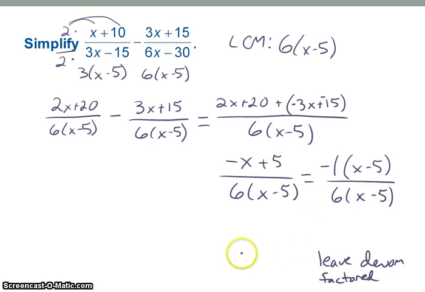I've got an excluded value of 5. Again, not necessary, but a good habit to get into. So these will both go away, and I'm just left with negative 1 over 6. Funny how something that looks that complicated can simplify so nicely.